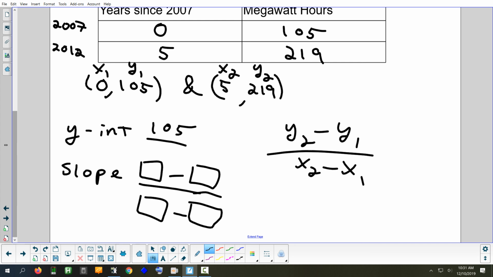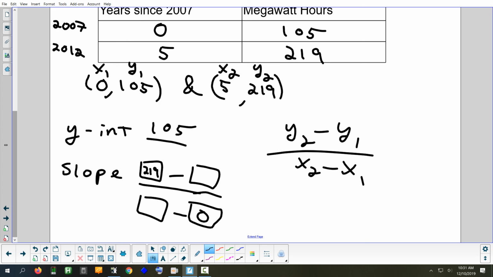So Blake, what number is going to go in the upper left? Y2. Yep, and in our case, 219. We put that in there.